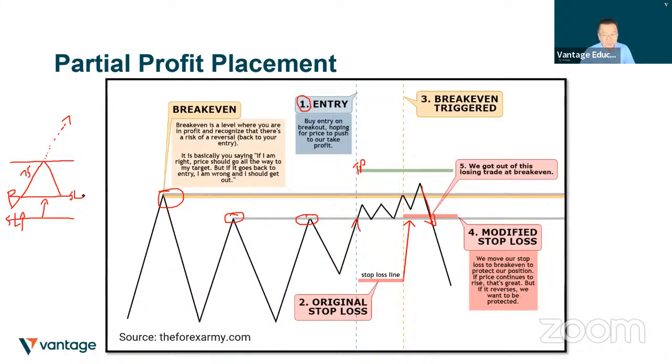In the worst case scenario, because you would have moved your stop loss towards that break even level, you would close out your trade at break even. Overall, what you see is that you've got almost no downside, and also good upside potential.